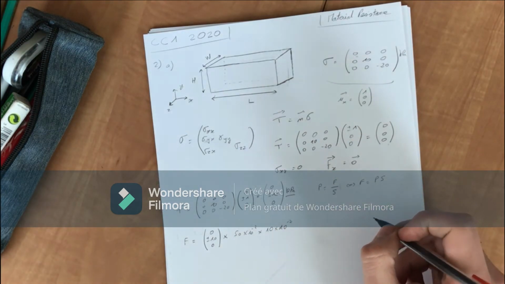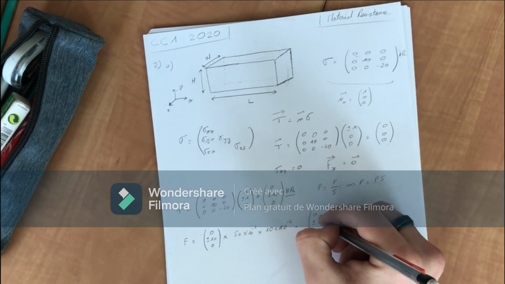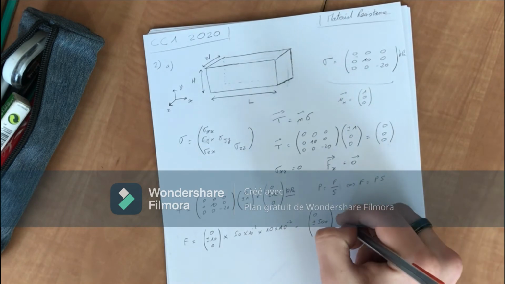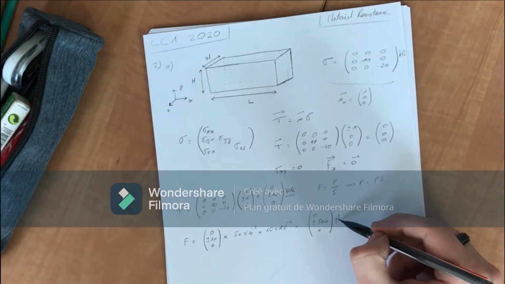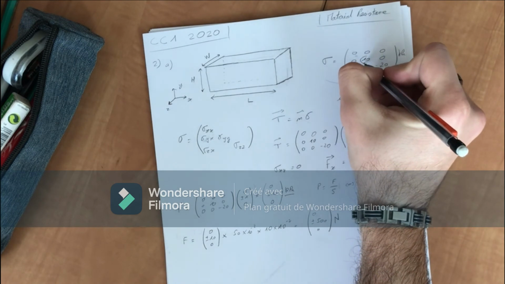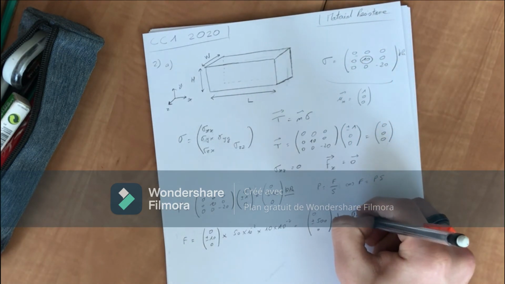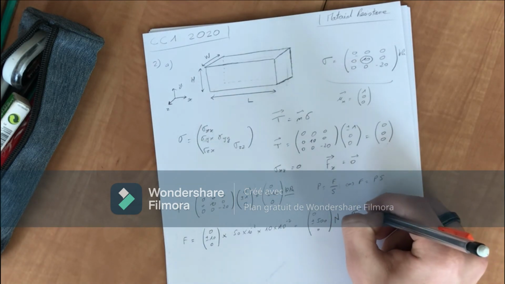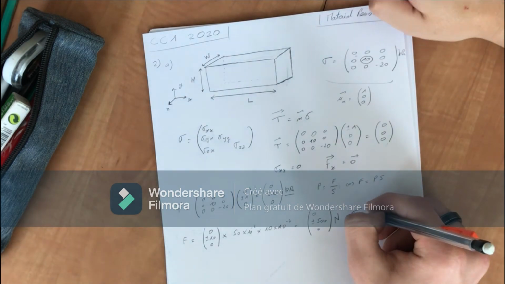And this will finally lead to this vector, which gives us the force in Newton along the y-axis applied because of the stress of this component. Of course, sigma yy is responsible for the stress along the y-axis and only this one.